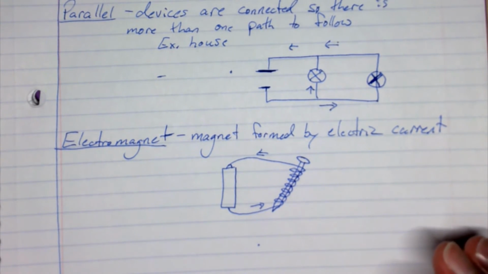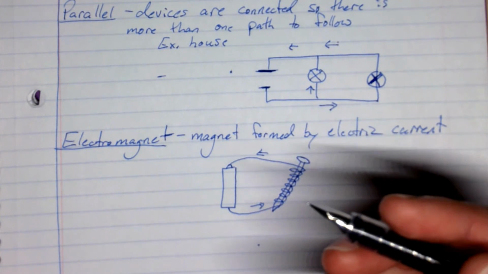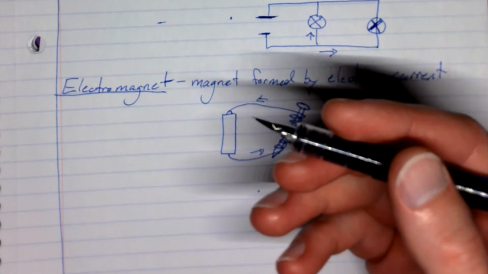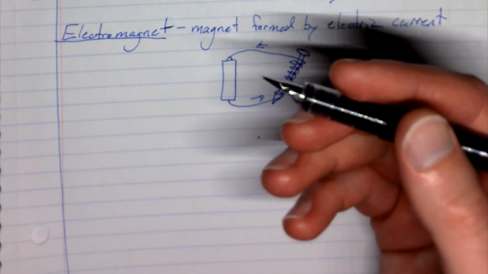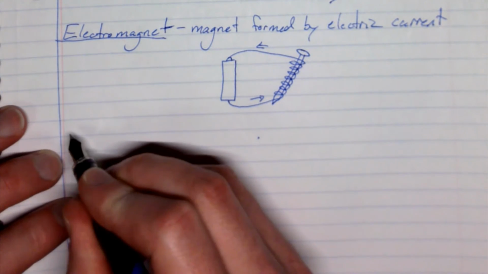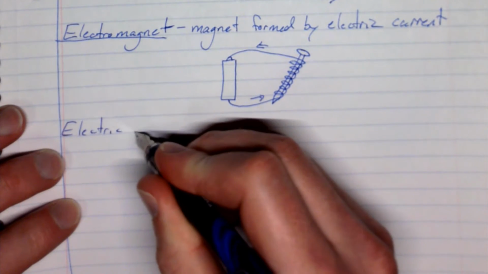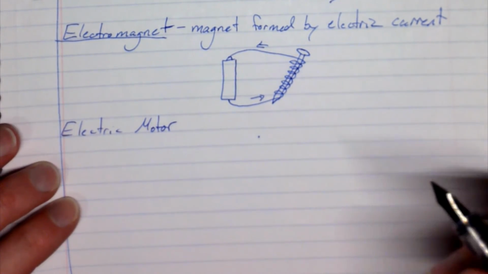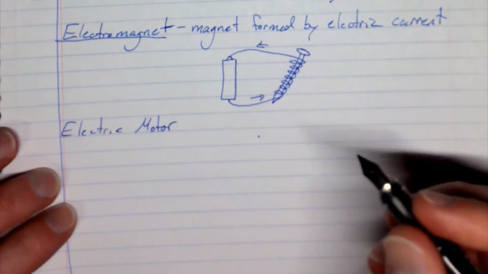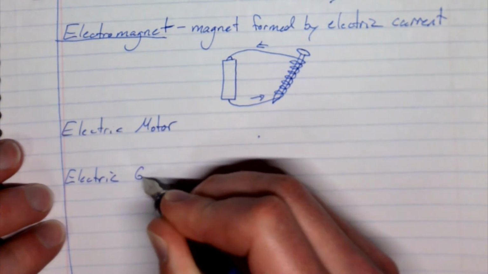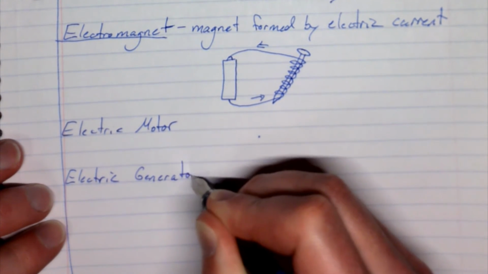And it kind of leads us into these other two things. And that would be an electric motor and an electric generator.